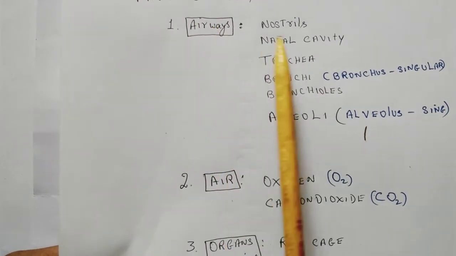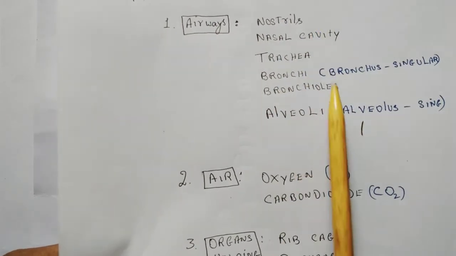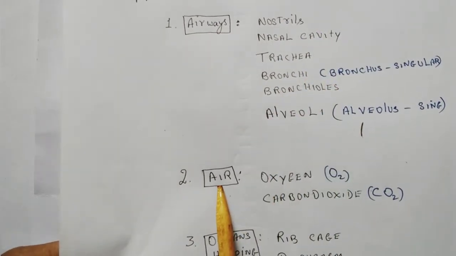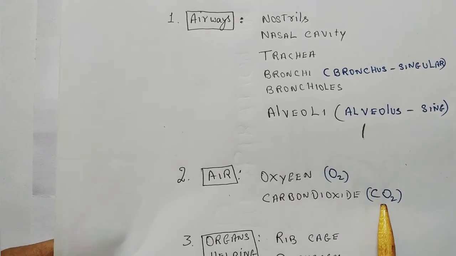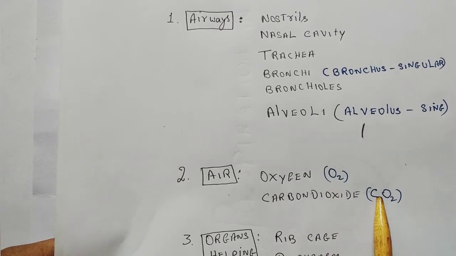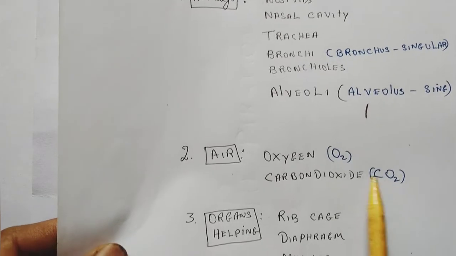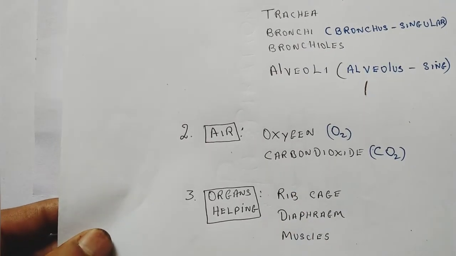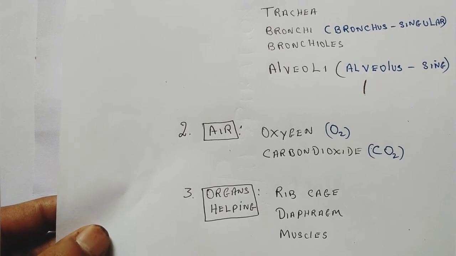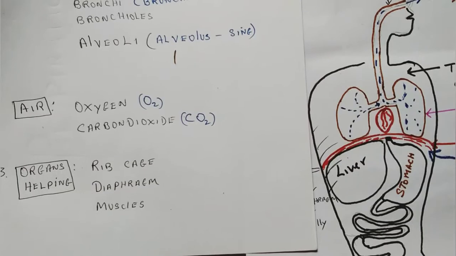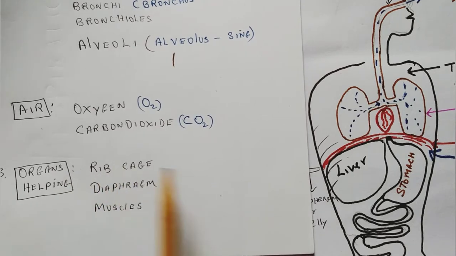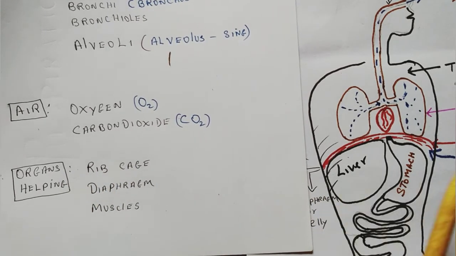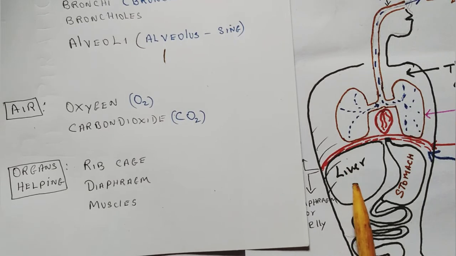Beside the airways, like these pipes here, we need also gases like oxygen and carbon dioxide. Oxygen to enter, carbon dioxide to go out. And beside that, we also need other organs to breathe. The other organs that help us to breathe are the rib cage. This is the rib cage from here to here. These are the chest bones.